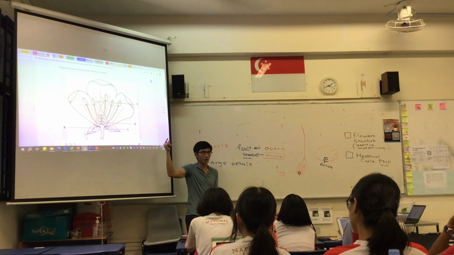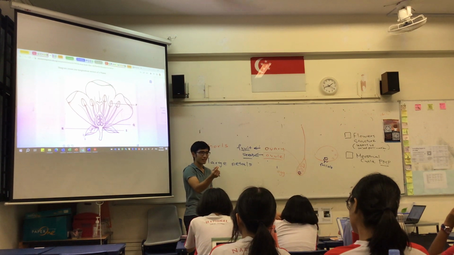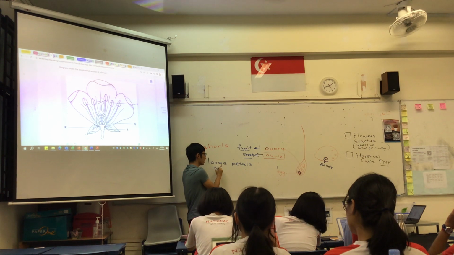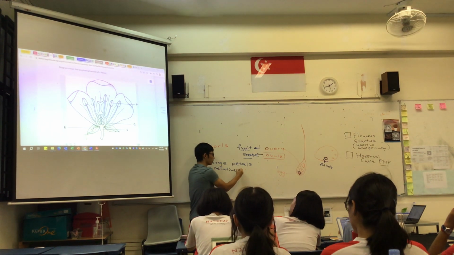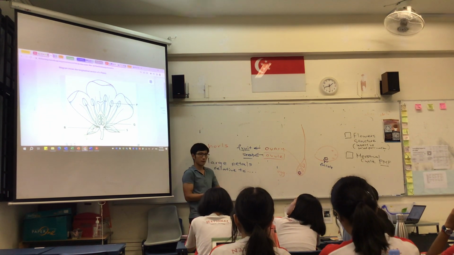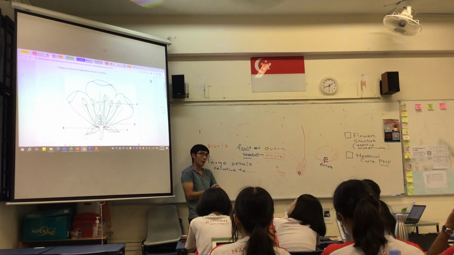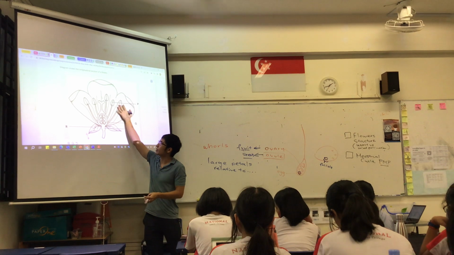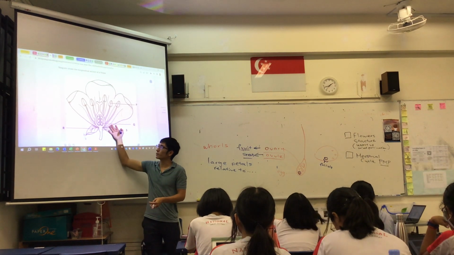For all we know, this flower could be microscopic. Yeah? But therefore, if you want to mention large petals, relative to, okay, you can compare it to other parts. Large petals relative to the anthers, the female reproductive system.